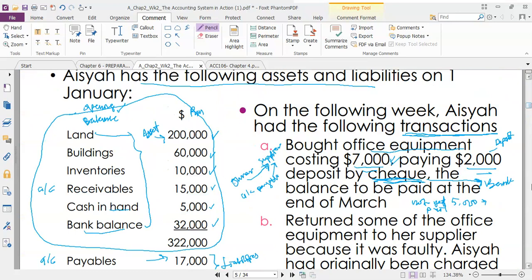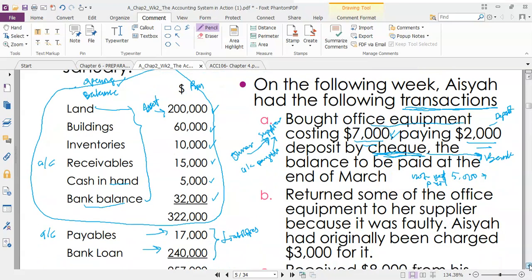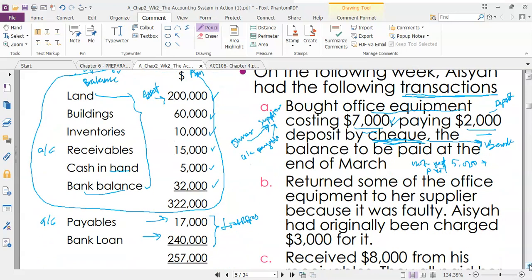Okay, untuk transaction B pula. Return some of the office equipment to her supplier because it was faulty.